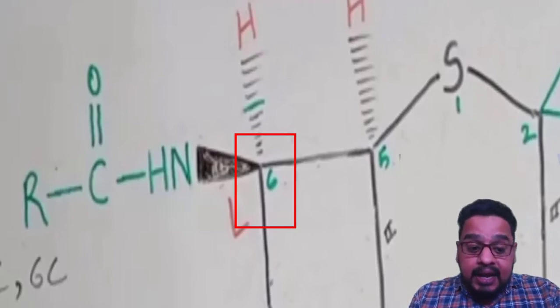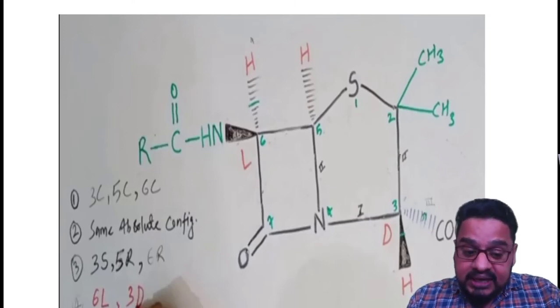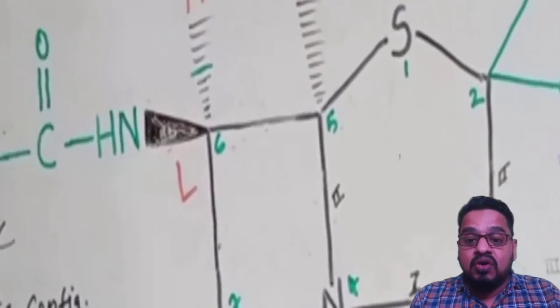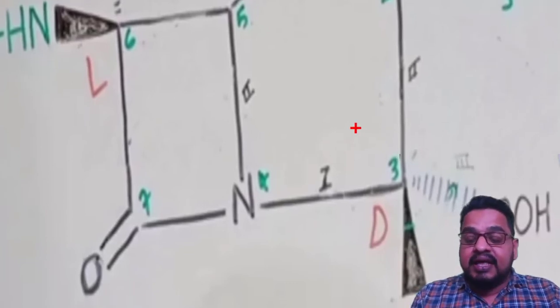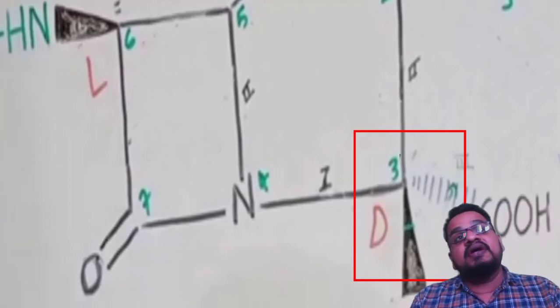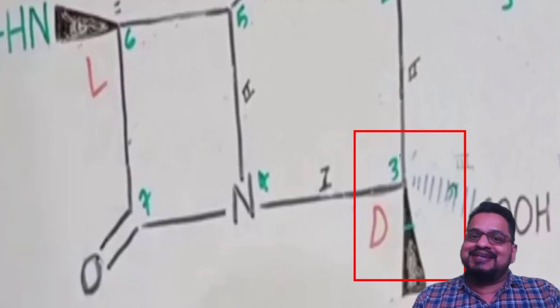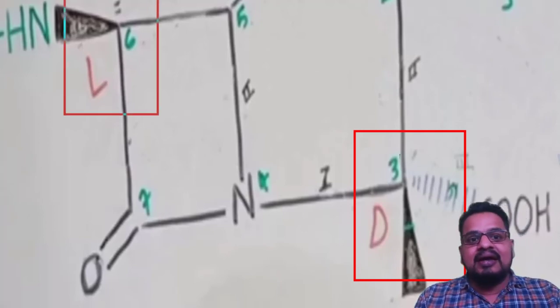Got it? Now that is one thing. Similarly, if you check the relative configuration for the third one, for this third one the relative configuration is D configuration. Got it? So L configuration and D configuration.